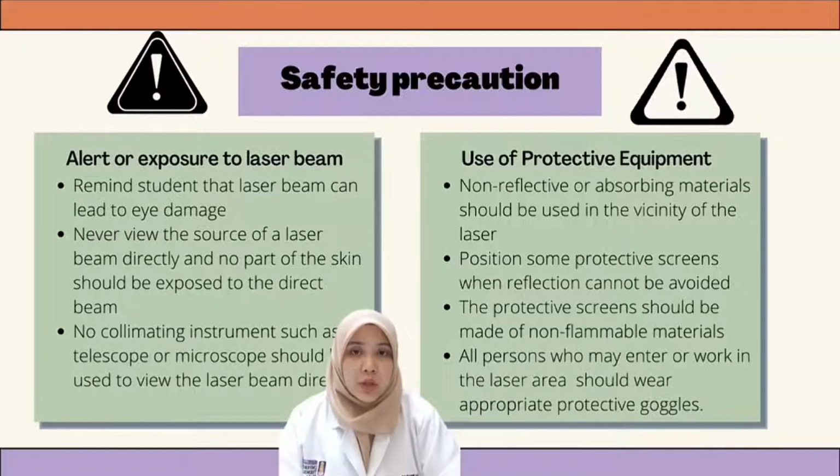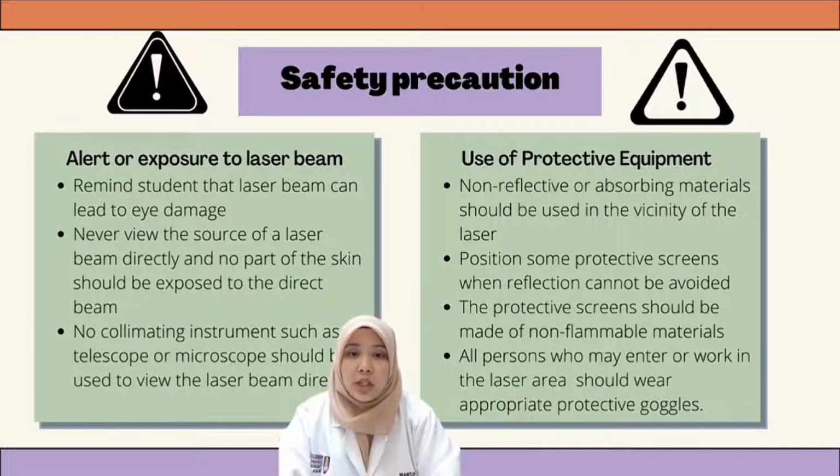Next safety precaution is use of protective equipment. Whenever possible, non-reflective or absorbing materials should be used in the vicinity of the laser to prevent specular, mirror-like reflection. When reflection cannot be avoided, for example at a lens surface, position some protective screens so that students and teachers are not exposed to the reflection of the laser beam.